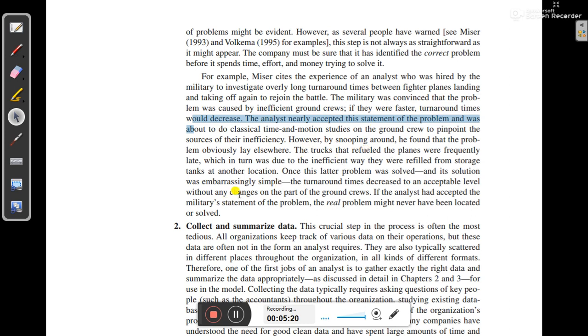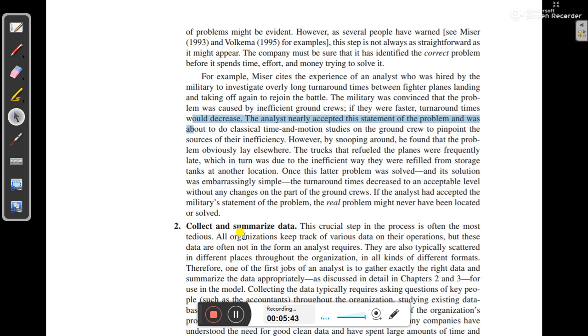We need to create the data set, then summarize this data, because all data may not be good enough for the problem, some data might be redundant, or some data might be missing.